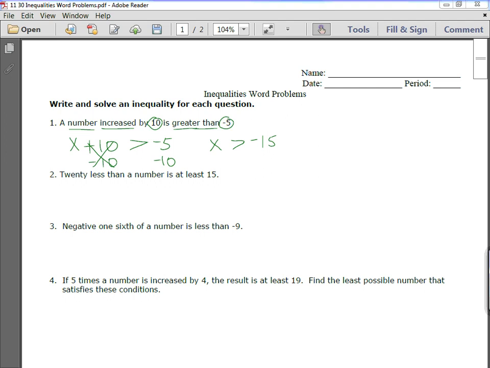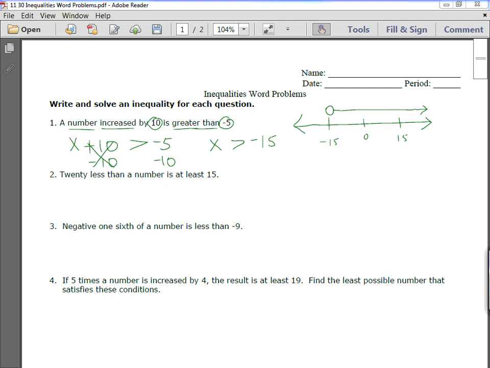How do I graph that? Just make a simple little graph. Put a 0, a -15, a +15, and because it doesn't have an equal sign underneath and it's just greater than, I'm going to have an open circle saying that it's not equal to -15, and greater than is a line going to the right.